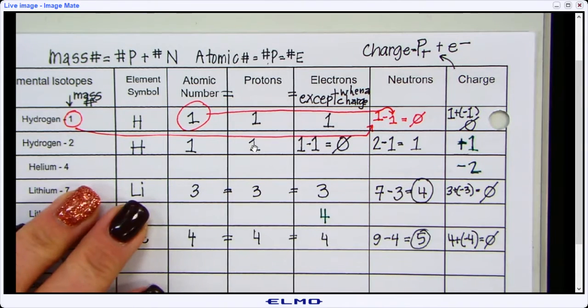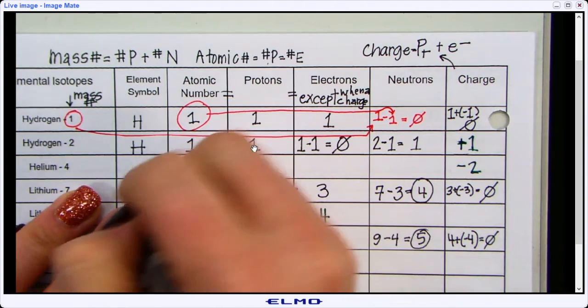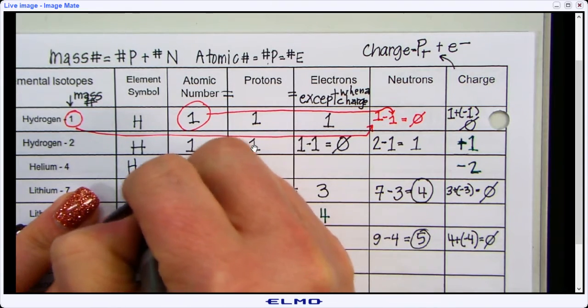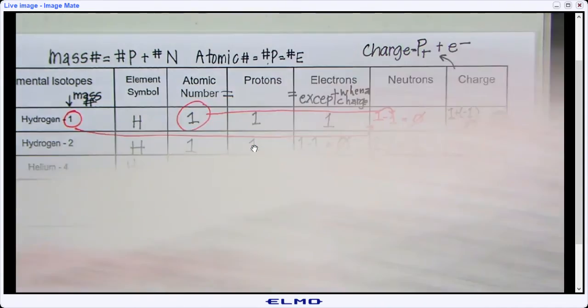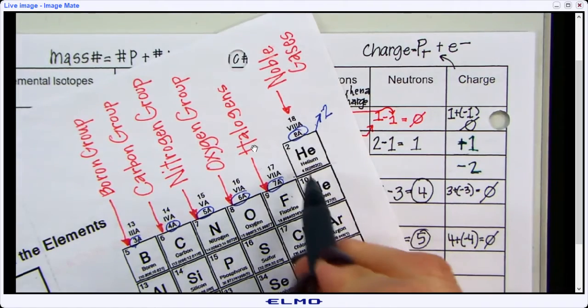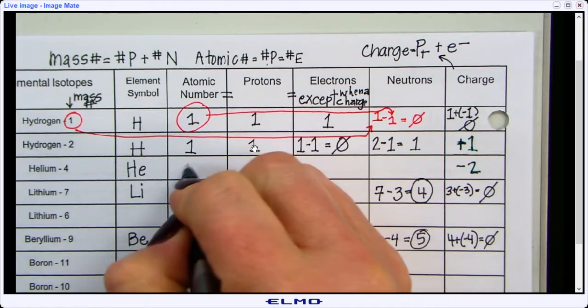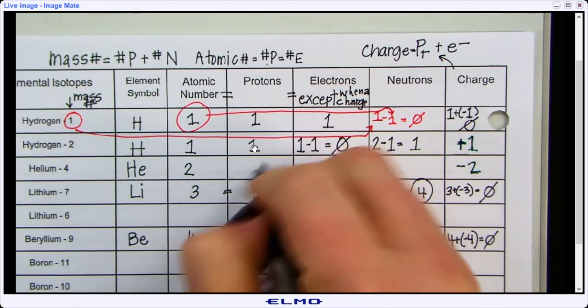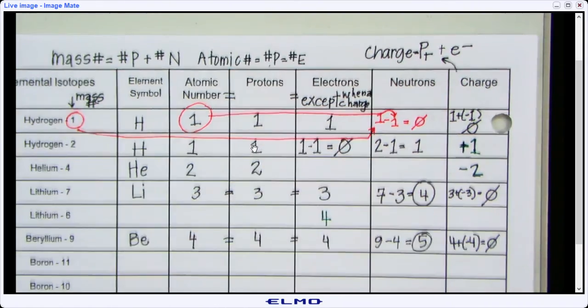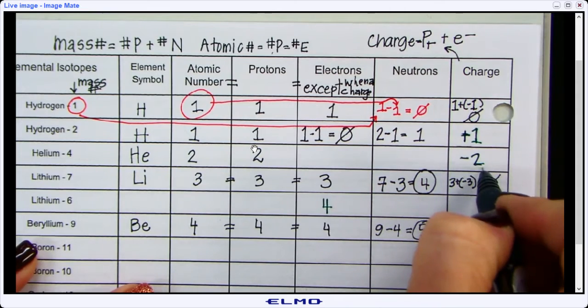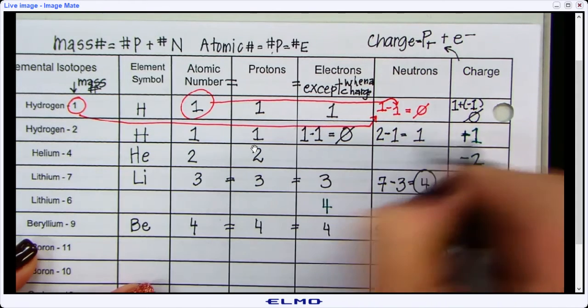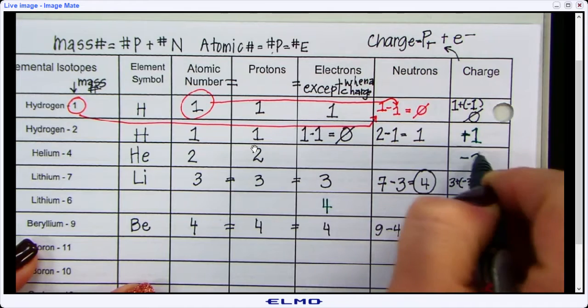Let's do that again, but we're going to do it with helium this time. So helium's symbol is He. Helium is He, so it's atomic number 2. Still equal to the protons, so it's 2. But we have an overall charge. So we know we're supposed to have an overall charge of -2.